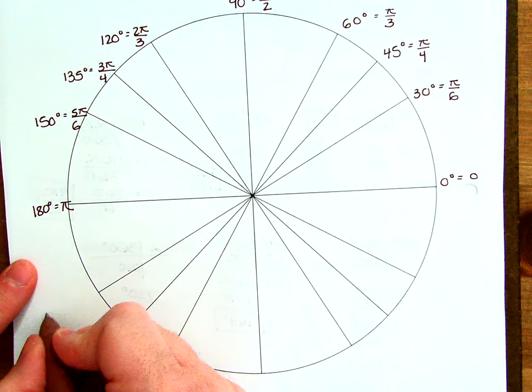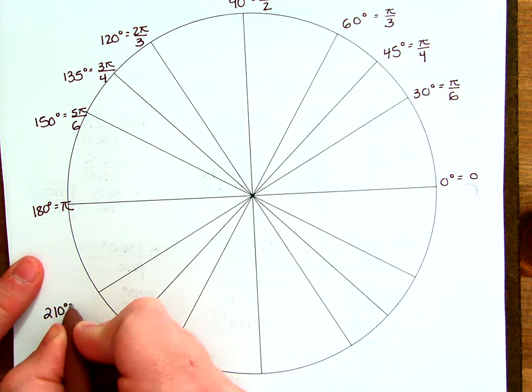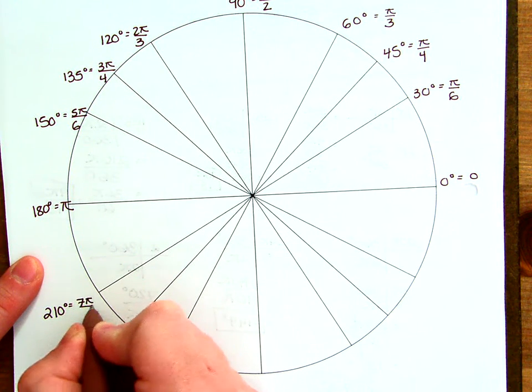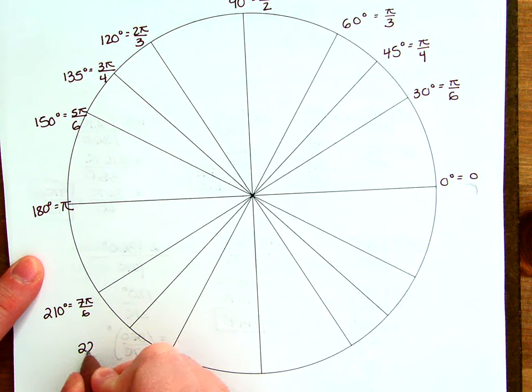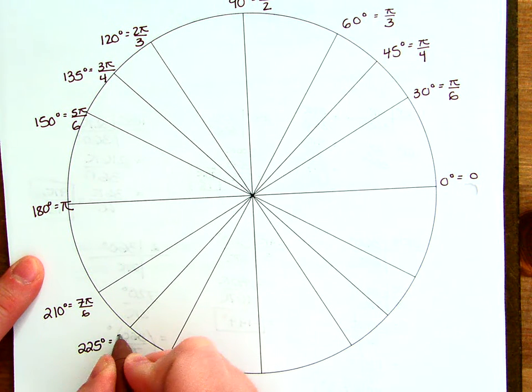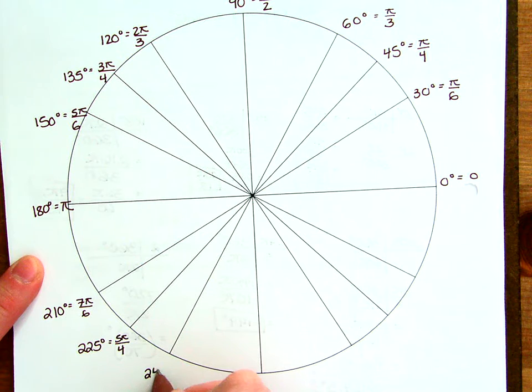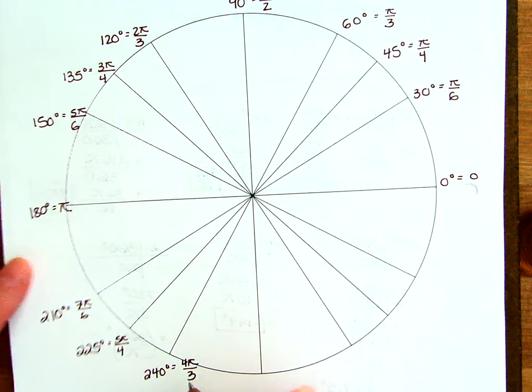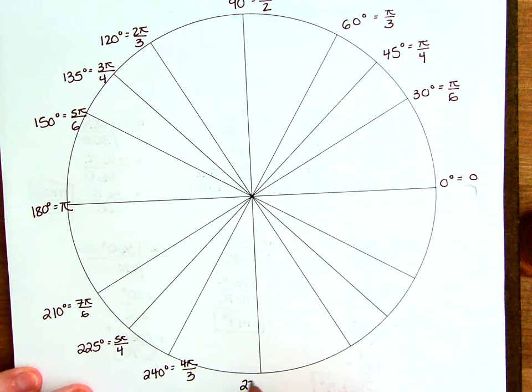Continuing along down here, we have 210 degrees, which is 7 pi over 6. Then 225 degrees, 5 pi over 4. 240 degrees, which is 4 pi over 3. Straight down is 270 degrees, or 3 pi over 2.